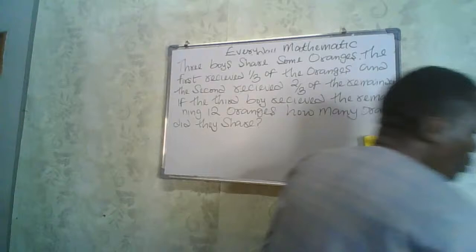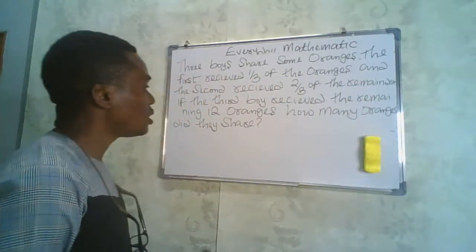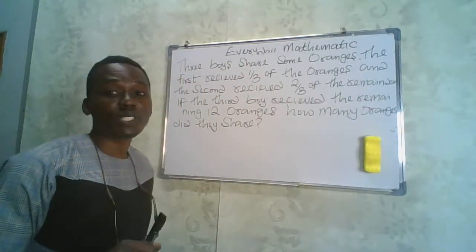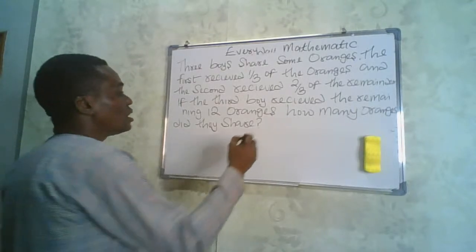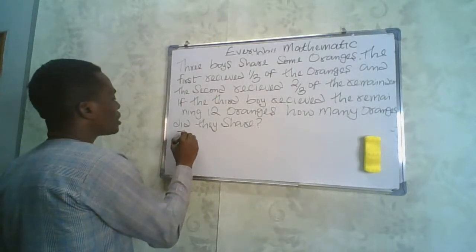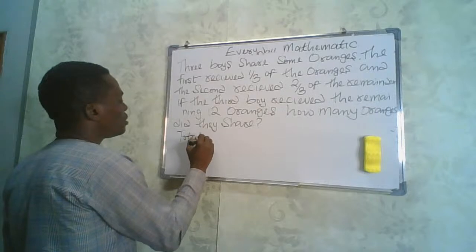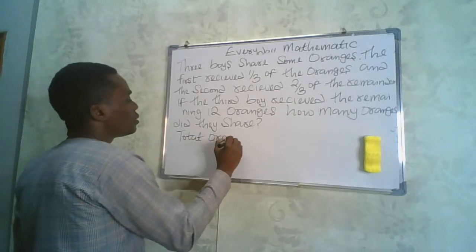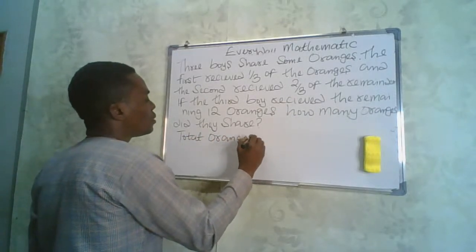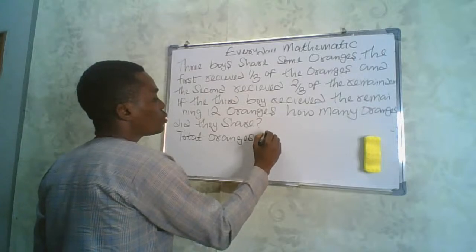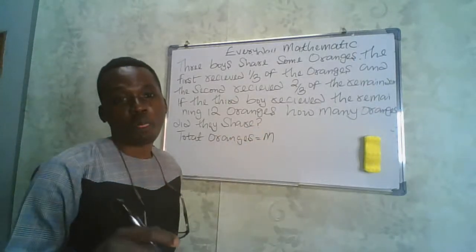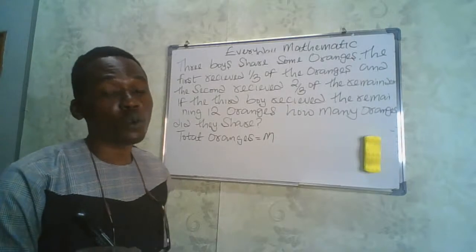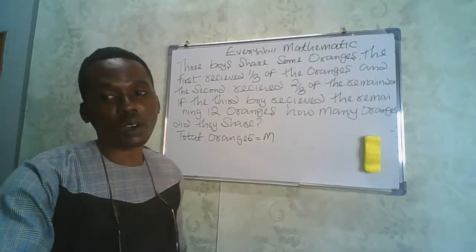Let's look at how we're going to solve this question. Let's assume that the total oranges is equal to m, and that is what we are asked to look for. Once we get the value of m, we've gotten the value of the total oranges.